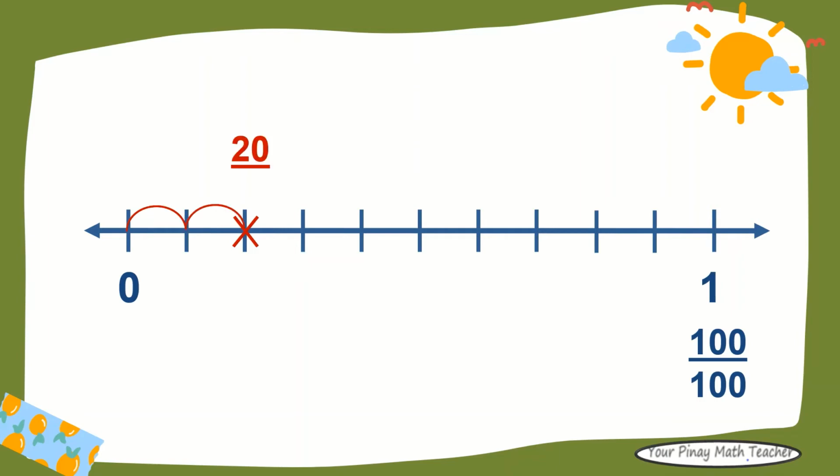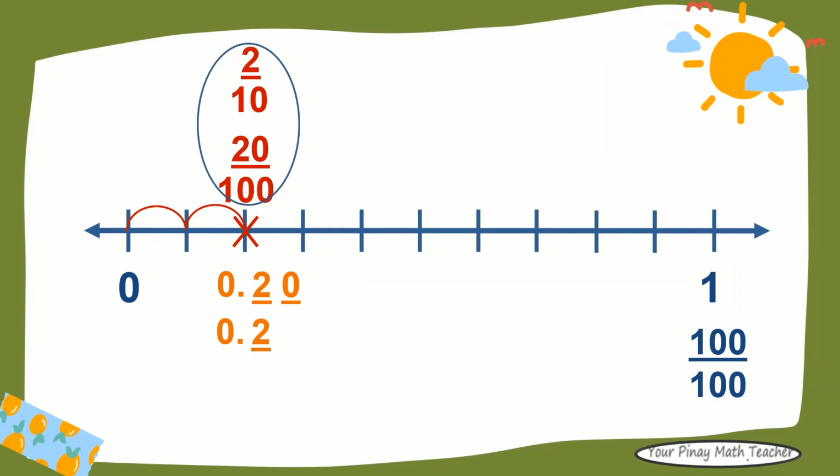So this is 20 out of 100, or in decimal, 0.20. If we were to write the fraction by tenths, then this is 2 out of 10, which is equivalent to 0.2. Looking at this, we can say that 2 tenths and 20 hundredths are equivalent fractions, and 0.20 and 0.2 are equivalent decimals.